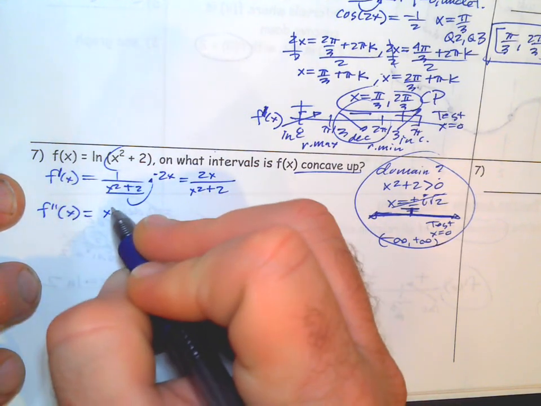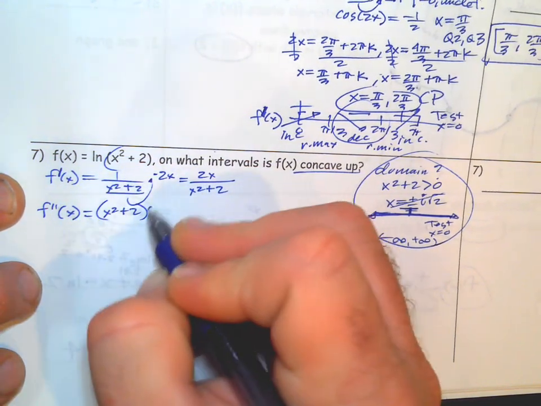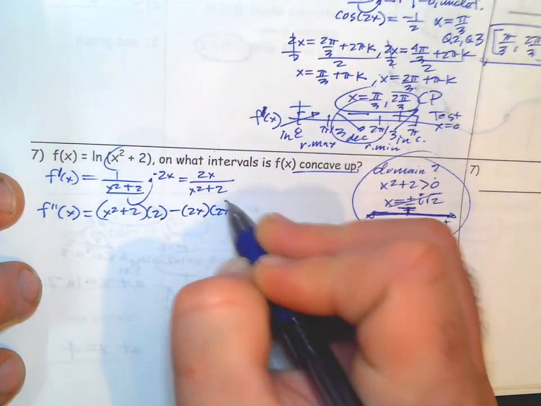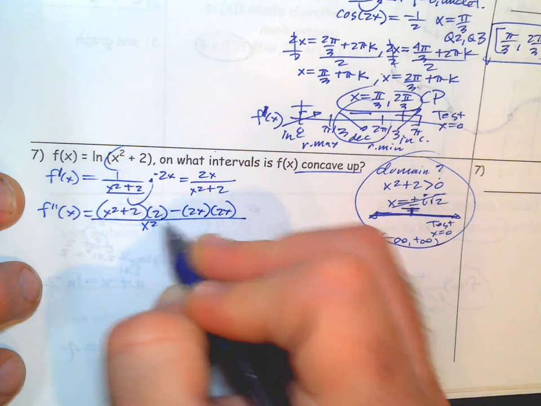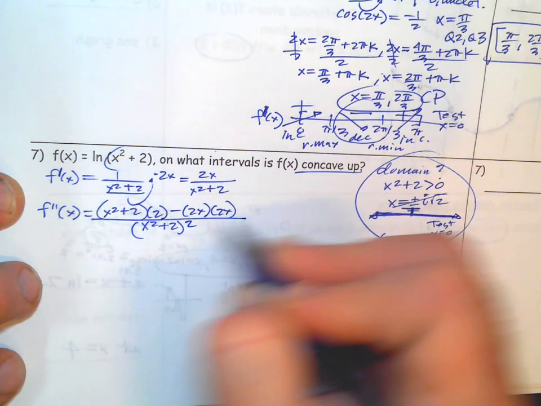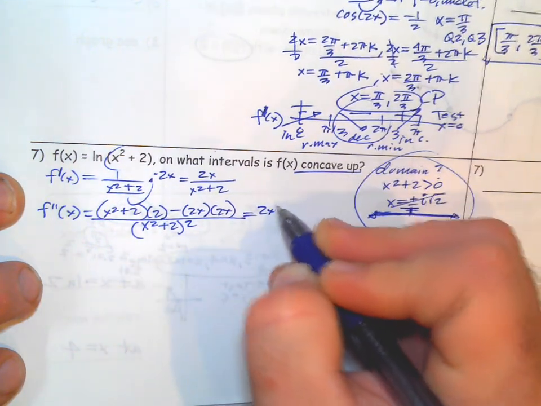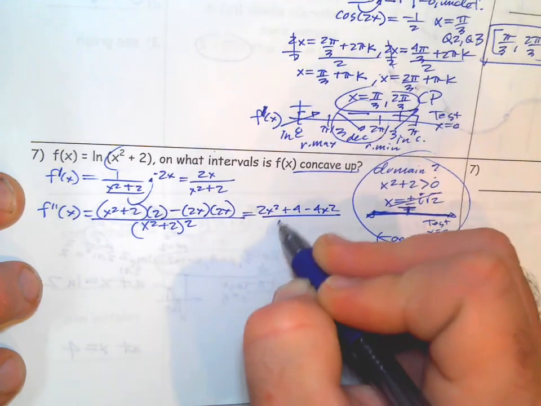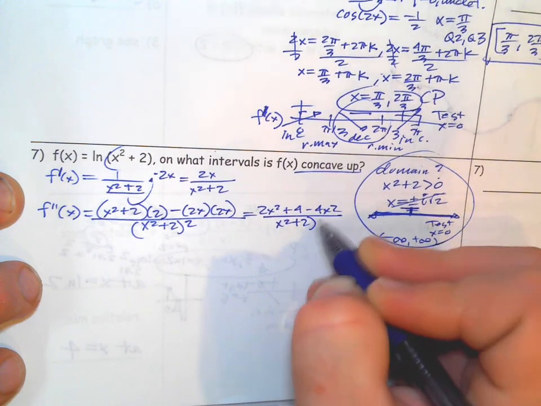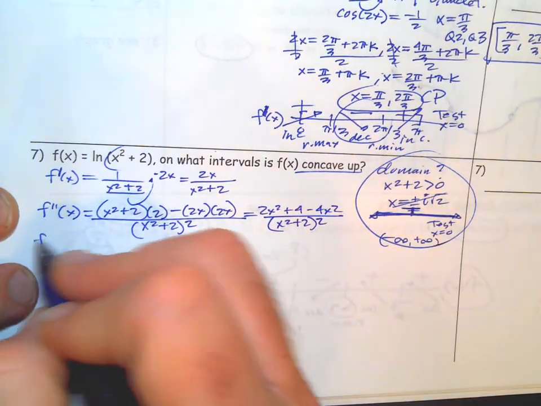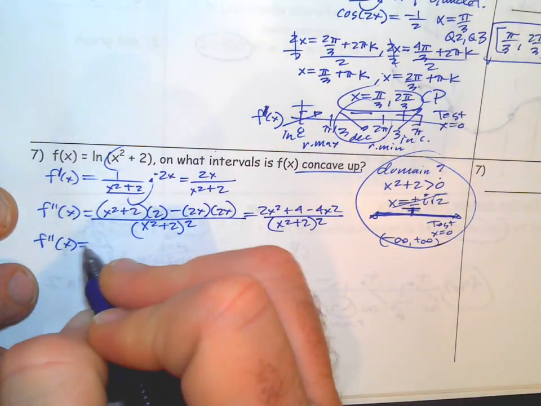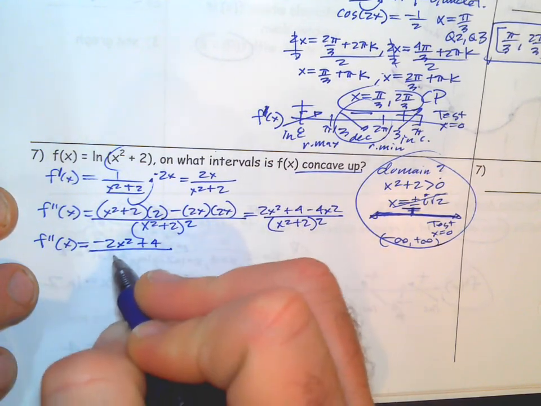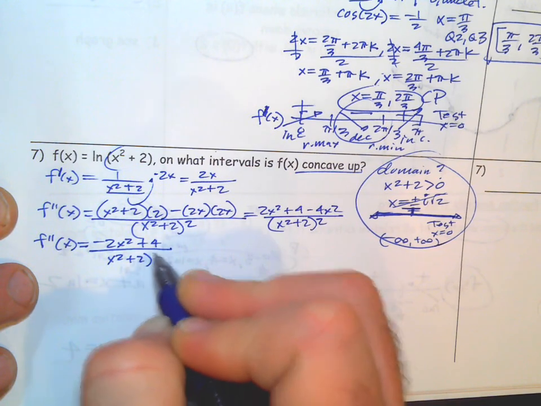It's going to be low d high minus high d low all over low squared. It's going to be 2x squared plus 4 minus 4x squared. Leave the denominator factored. So f double prime of x equals negative 2x squared plus 4 over x squared plus 2 squared.